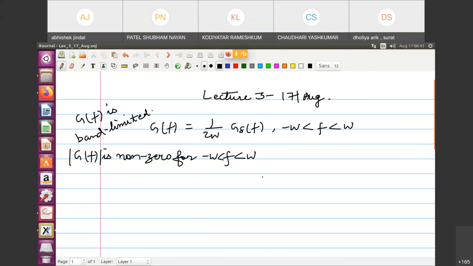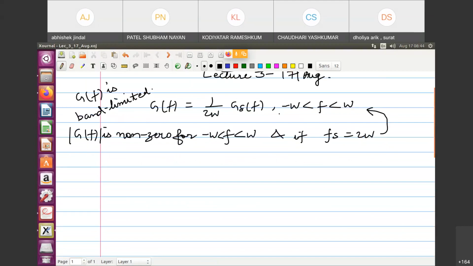So in that case, if my sampling frequency is equal to 2W, then I can write that G(f) is 1 upon 2W G_delta(f). This 1 upon 2W occurs because in G_delta(f), you have a scaling of 2W. Let me write it down so that when you are revising, you know why this factor comes, because sometimes in interviews it is asked why this factor comes.